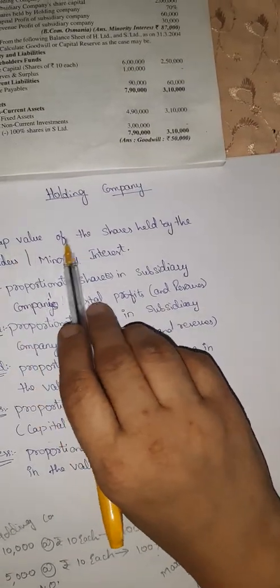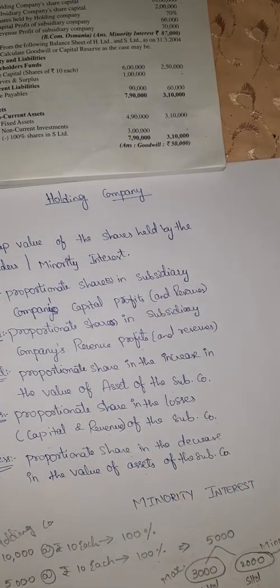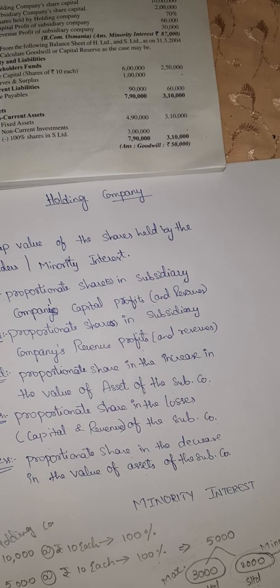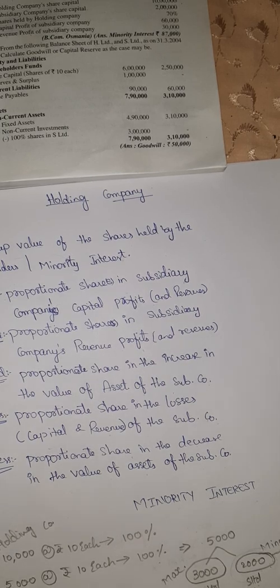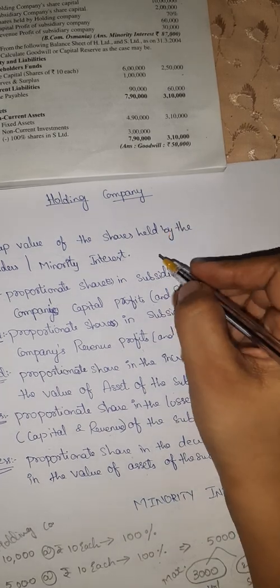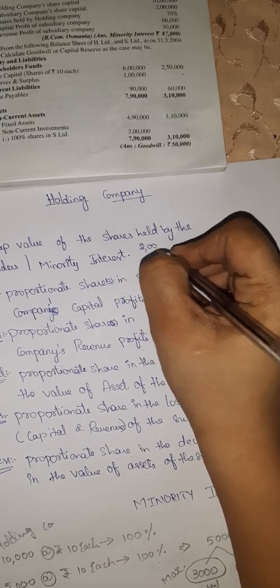First is the paid up value of the shares held by the outsiders or minority interest. What is the total value of shares in the S Limited company? It is 2 lakhs, right?